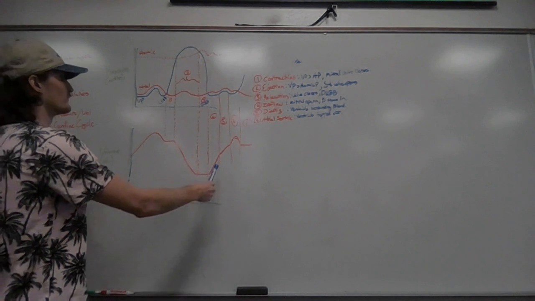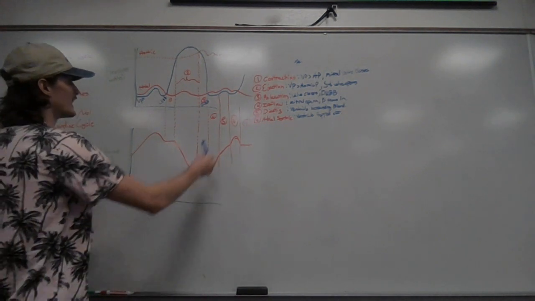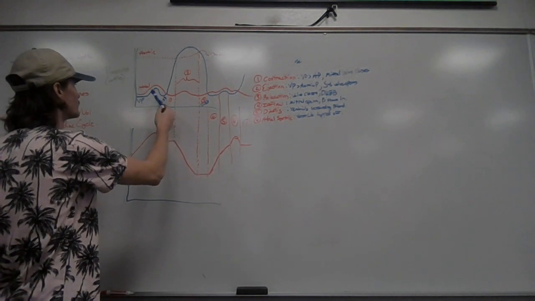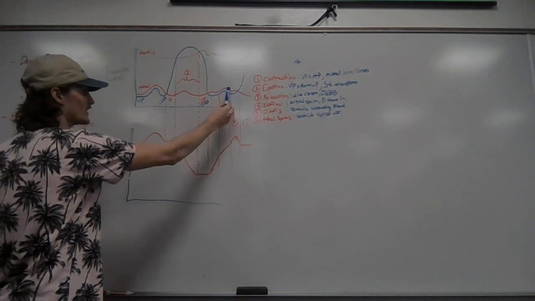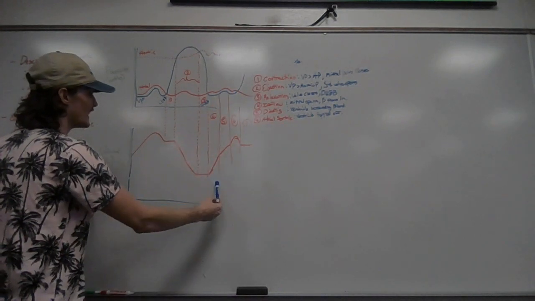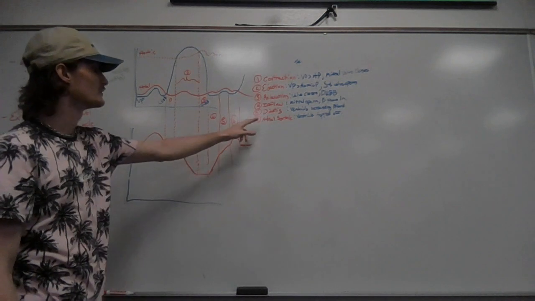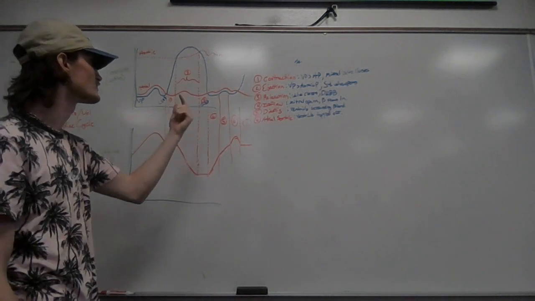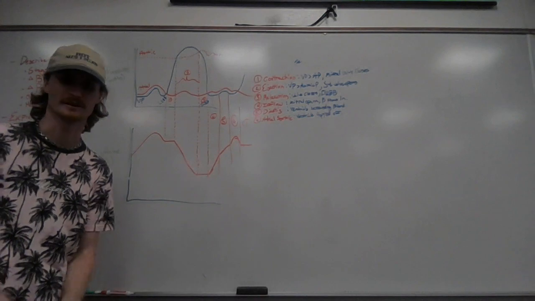And then for 5 and 6, diastasis and atrial systole, not much changes. As you can see, the ventricular pressure and the atrial pressure are going to be around the same, sort of staying side by side. And then blood volume is just going to steadily increase up until after atrial systole. Then the ventricular pressure is going to shoot back up because we're going to have a valve that closes, and then the entire process repeats itself.